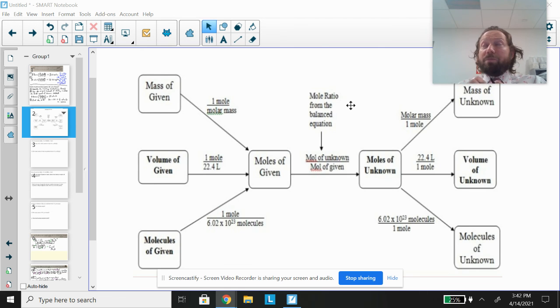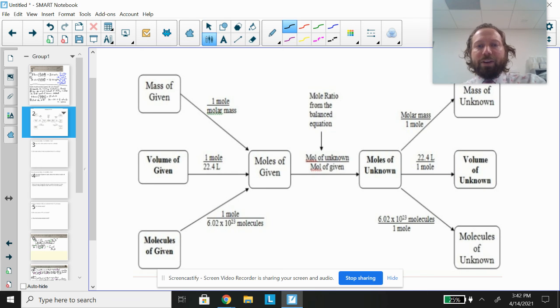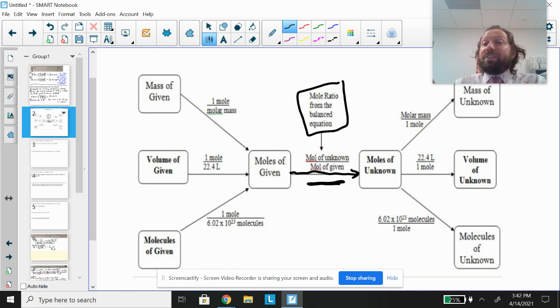That's the most new step that we've been adding, and that's really at the center of this diagram here. Right, when we need to go from moles of something that's given to us to moles that's unknown, we write a mole ratio from the balanced equation, and we write it like this. We write moles of what we want to know, or the unknown, over moles of what's given to us.